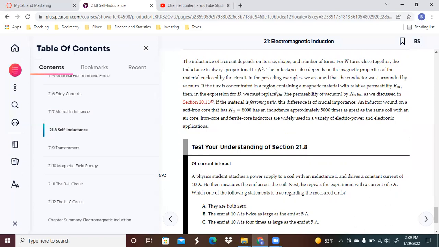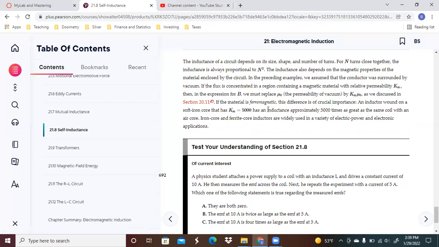If the flux is concentrated in a region containing a magnetic material with relative permeability K_M, then in the expression for B, we must replace mu naught, the permeability of the vacuum, by K_M times mu naught, as discussed in section 20.11. If it's ferromagnetic, the difference is of crucial importance.